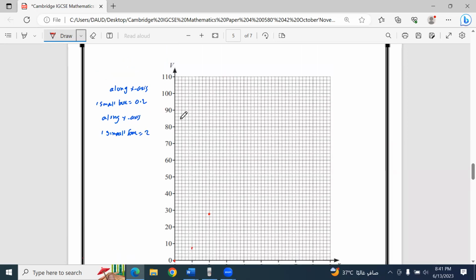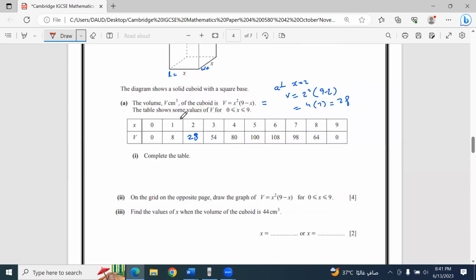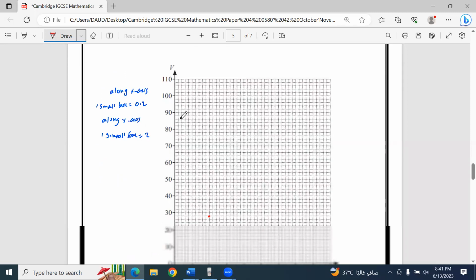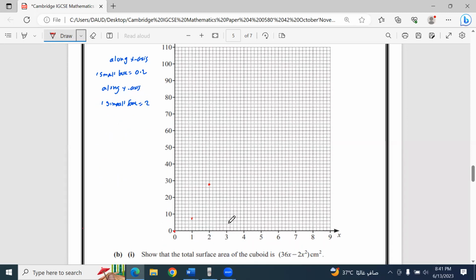Then we have to check the others: 3, 54 and 4, 80. For 3, from 3 straight away go up, where comes 54, after 2 boxes. If this one is 50, so 1 and 2 boxes, that represents 54.